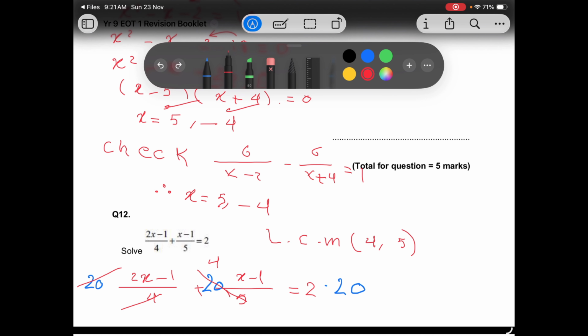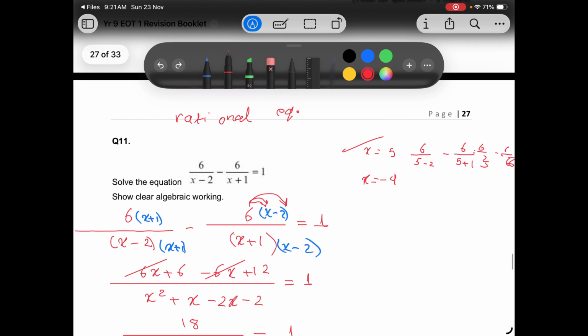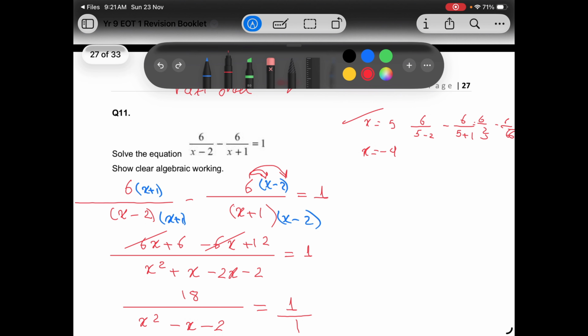So briefly, guys, when I have to test the solutions, or the predictable solutions, let's call them, when we have a fraction and we have a variable in the fraction. So look here, we have fractions. So 6 over x minus 2, there is variable x minus 2, and the other one, there is x plus 1.